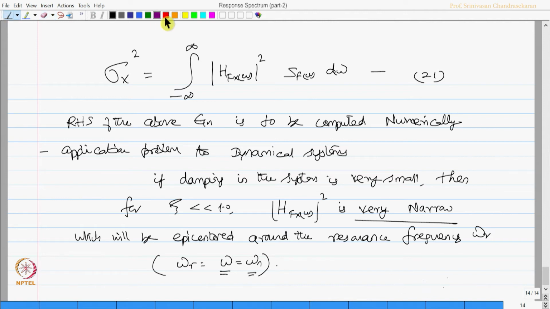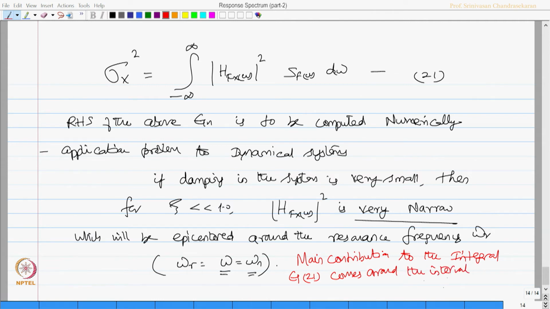This implies a very important statement that the main contribution to the integral in equation 21 comes around the interval closer to omega r. That is a very important statement.